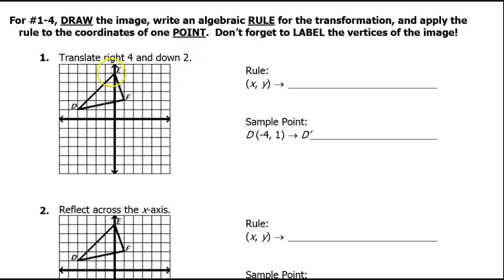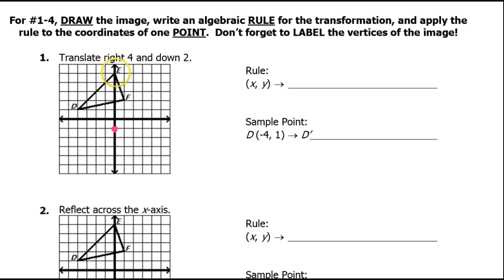Sometimes it's easier to just do the transformation on the graph. So for example, looking at point D, if I move right 4, so that'd be 1, 2, 3, 4, and down 2, so it would be 1, 2. So I could find D prime that way.